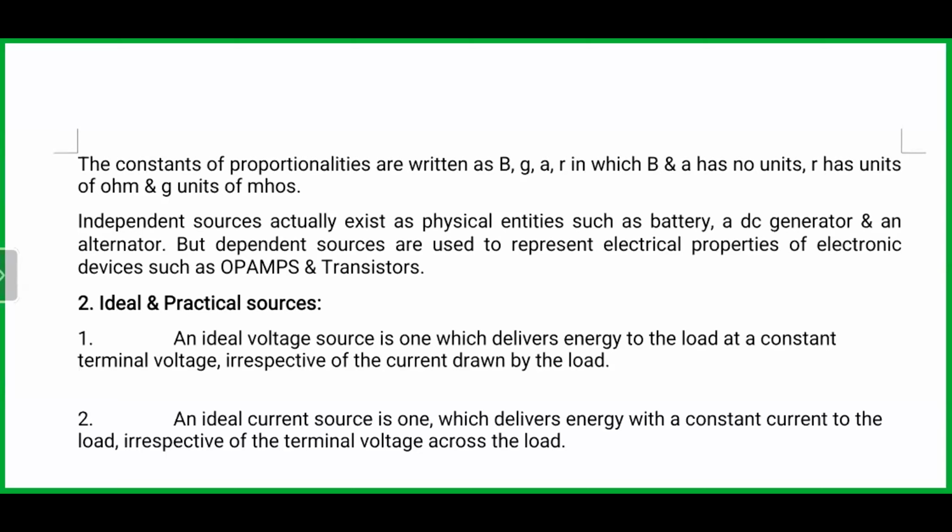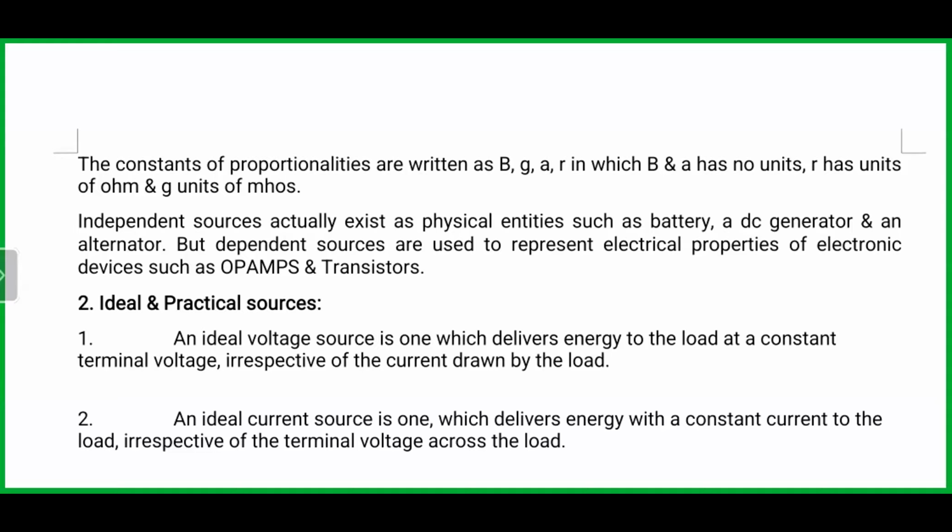So that is an ideal situation. We have a constant voltage source, like a battery, let's say 12 volts. It supplies 12 volts, and no matter the amount of current it's supplying, it's still 12 volts.